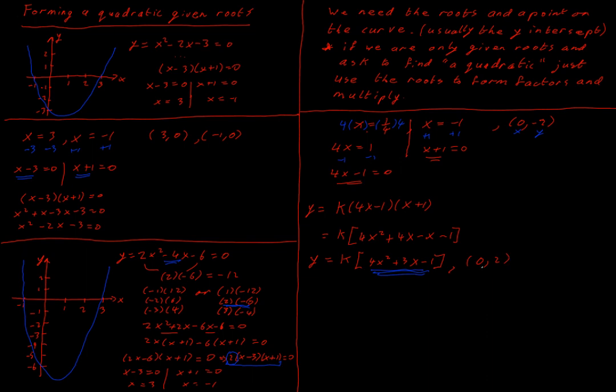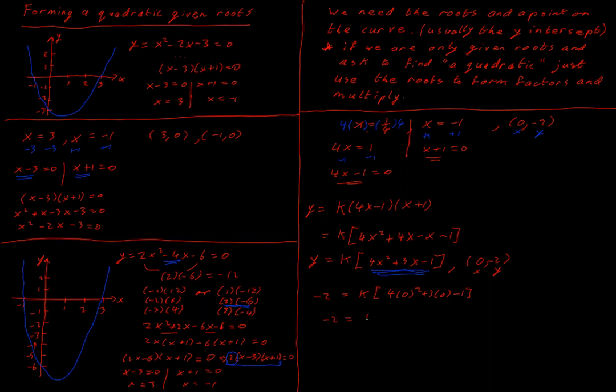So let's just do that substitution. I know that 0, minus 2 is on my line, so let's just sub that in. So y is minus 2 is equal to k on 4 by 0 squared plus 3 on 0 minus 1, close bracket.